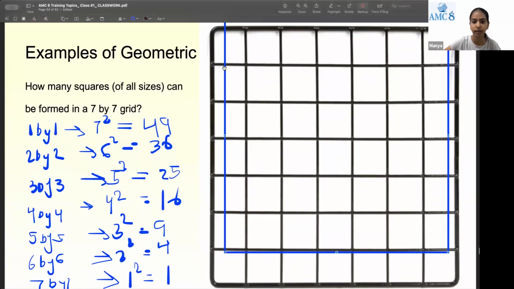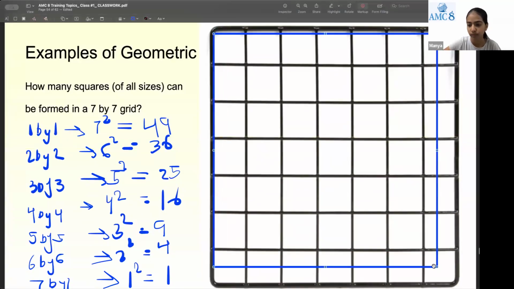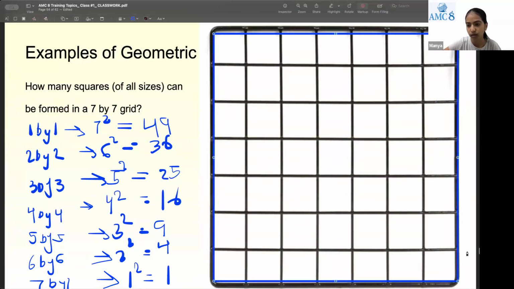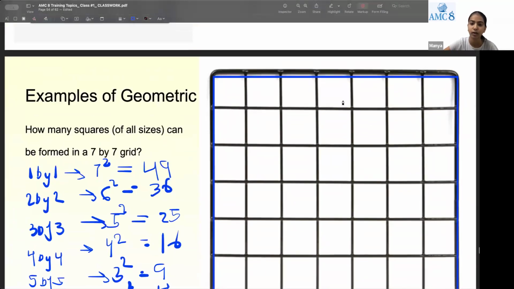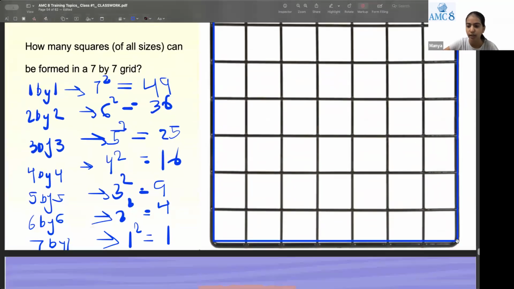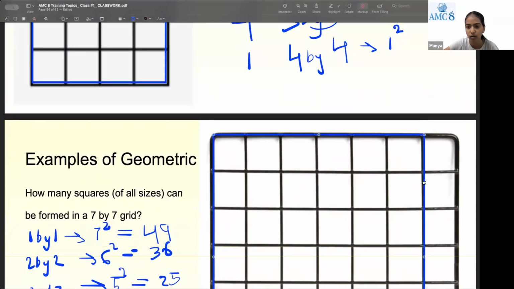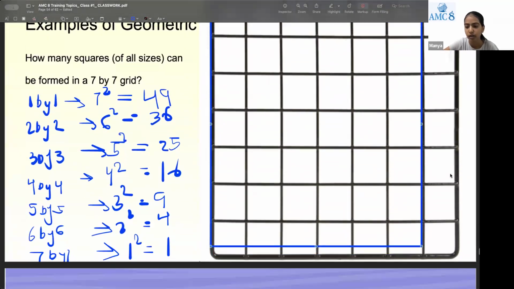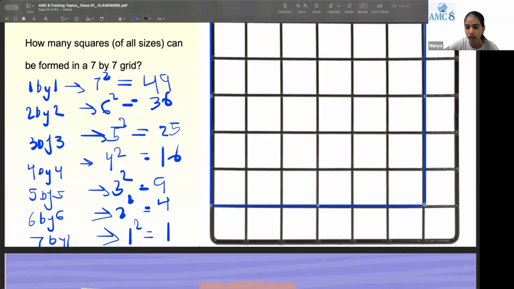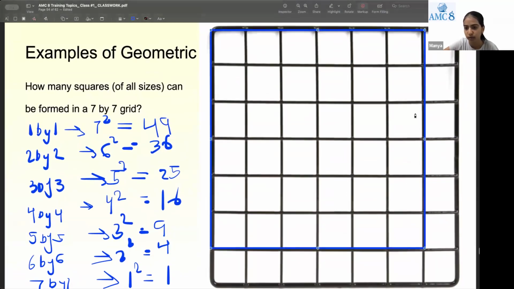Sorry, let me just make this bigger. So there's only one 7 by 7 here. For 6 by 6, they're saying that there's 4. If there's 4, okay, this is 1, 2, 3, 4, 5, 6, and 1, 2, 3, 4, 5, 6.